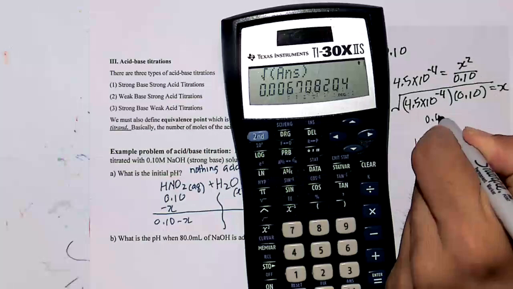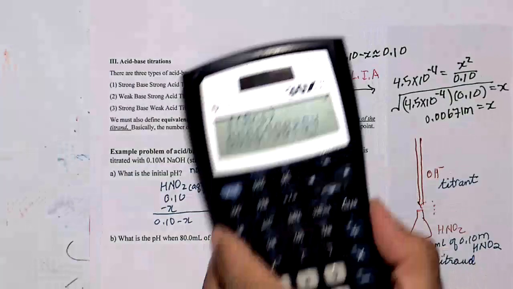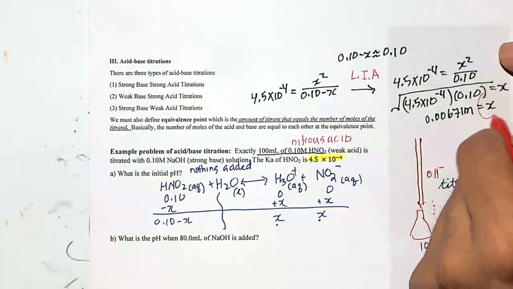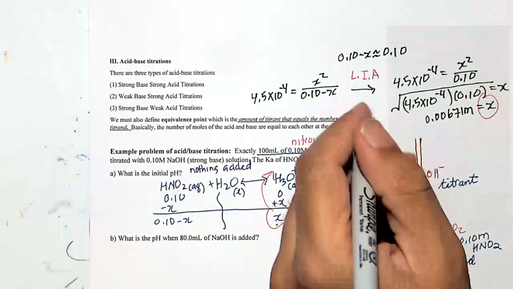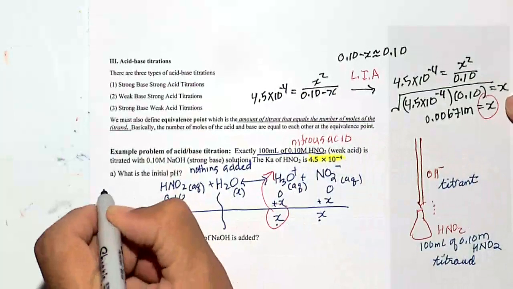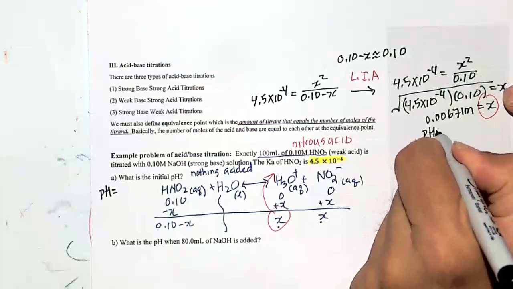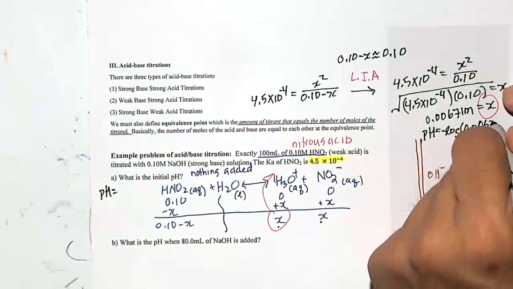Okay, I'm getting x to equal 0.00671 molar. What is that x? We should now know that that x is nothing more than the concentration of H3O+. So the pH here is minus the log of 0.0067.